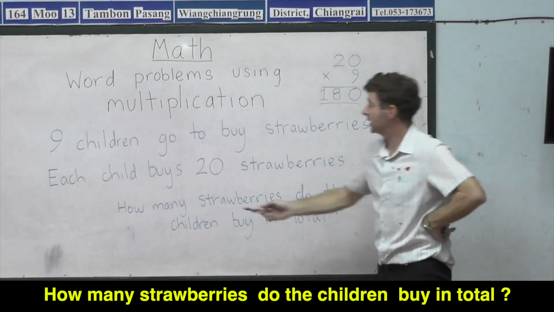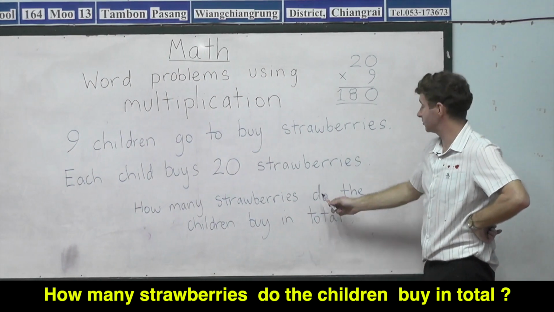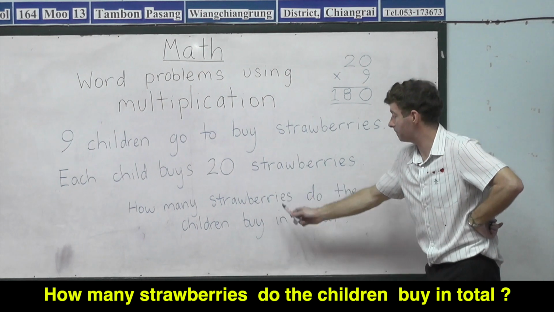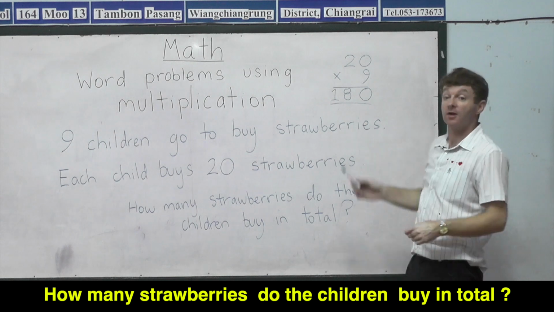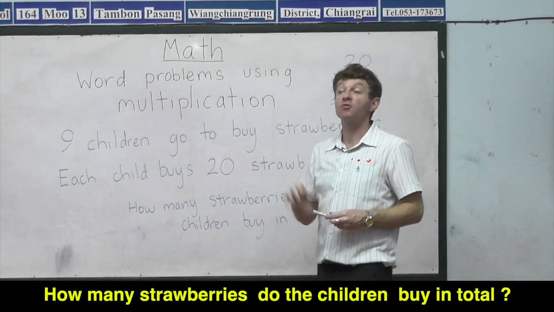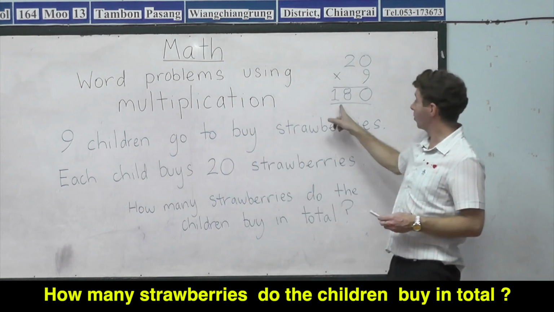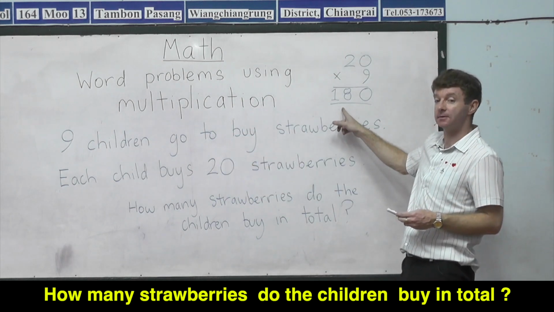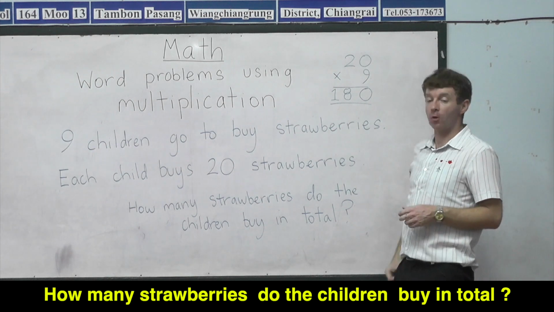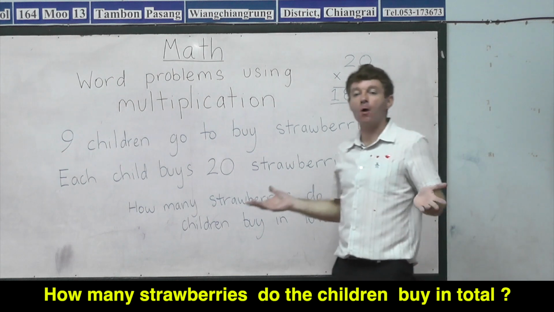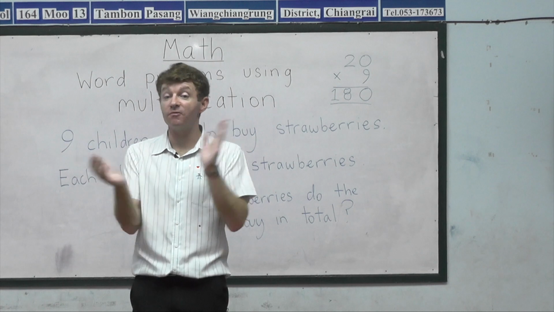So guys, how many strawberries do the children buy in total? 180 strawberries. Yes, we can say the children buy 180 strawberries in total. And that's how we do multiplication word problems. So well done guys, well followed.